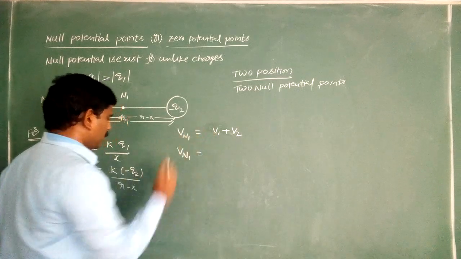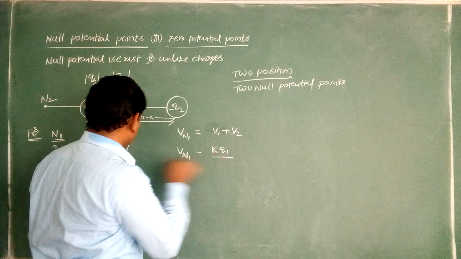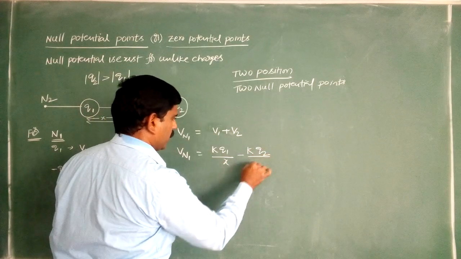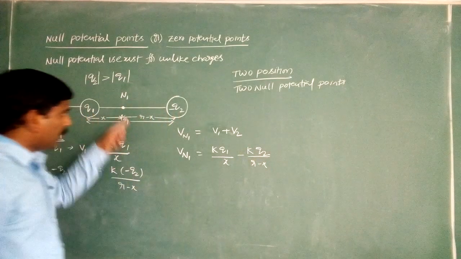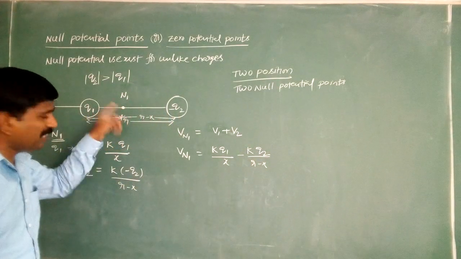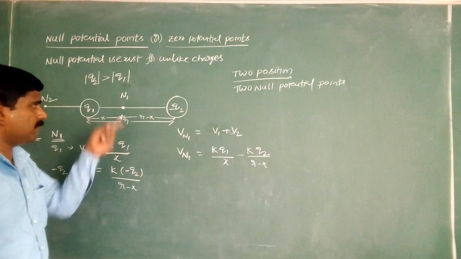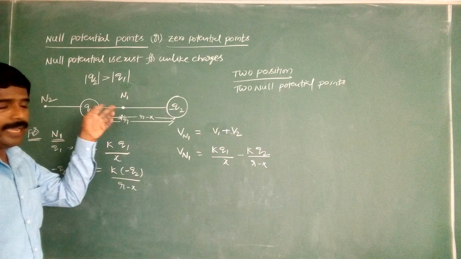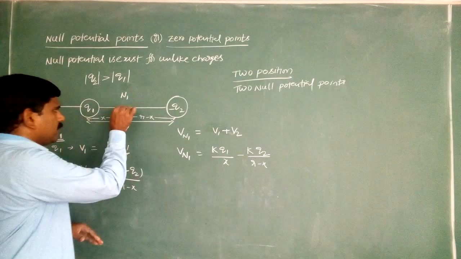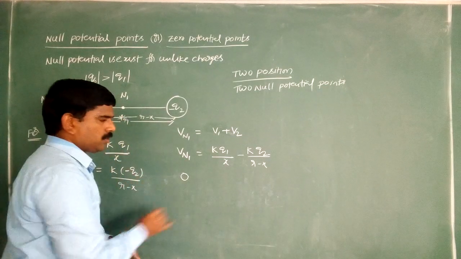Vn1 is equal to K into Q1 by X minus K into Q2 by R minus X. But at this position, we are taking potential equal to 0. We want to derive the expression for the null potential point, at which the potential is equal to 0.